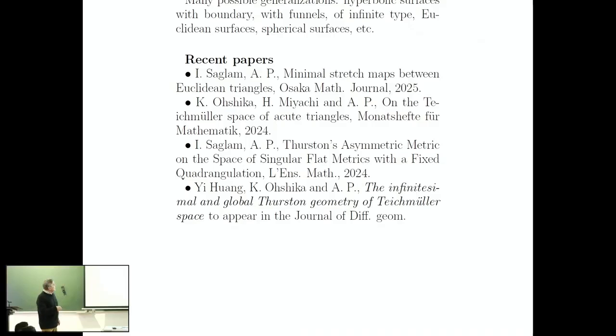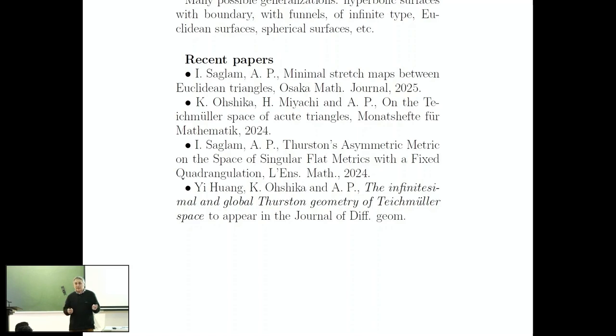When you define a metric on this space of triangles, there are very good questions on this metric space. You can ask, for instance, can you describe geodesics for this metric?